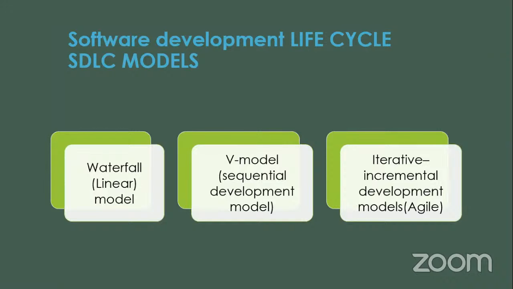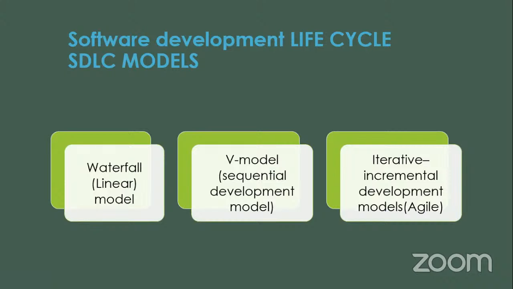So before I go further to Agile, I want us to take these two first. Now, Waterfall, V model, and Agile. And the reason you can see Agile is called the iterative incremental development model, you will see.